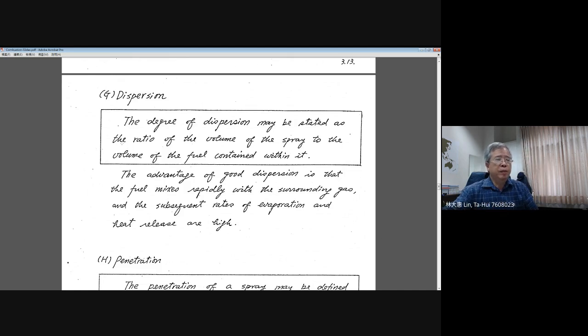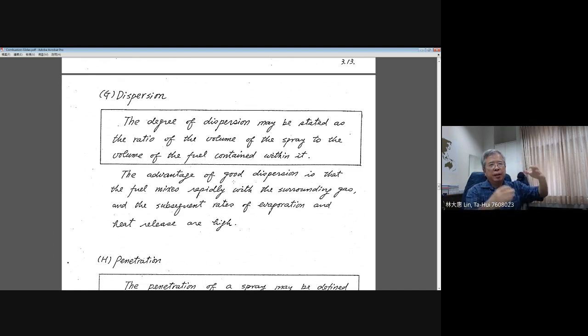The dispersion means the ratio of the spray volume compared with the fuel volume. Spray volume contains the fuel and the air, but fuel volume just considers all the liquid together. If you have a large dispersion, it means the spray volume is much larger than the fuel volume.